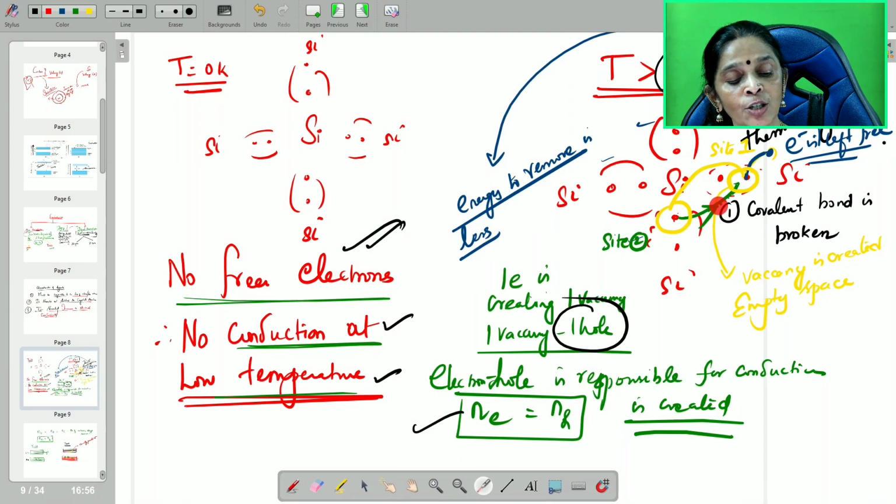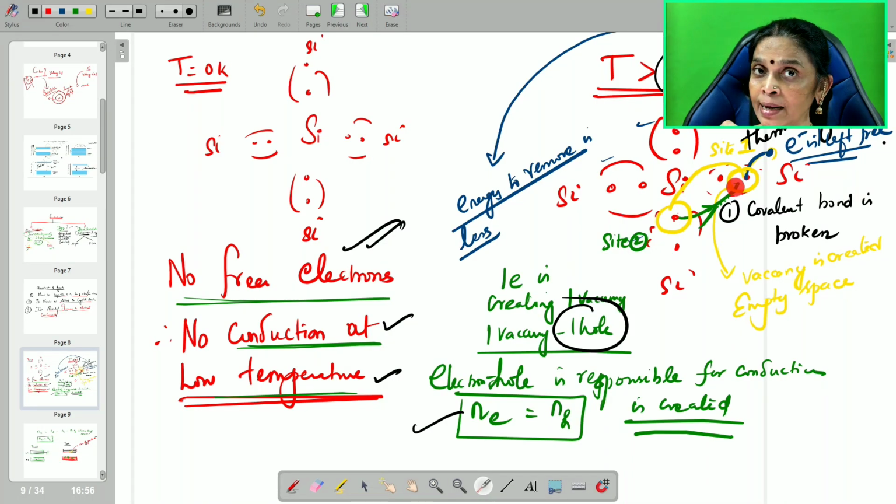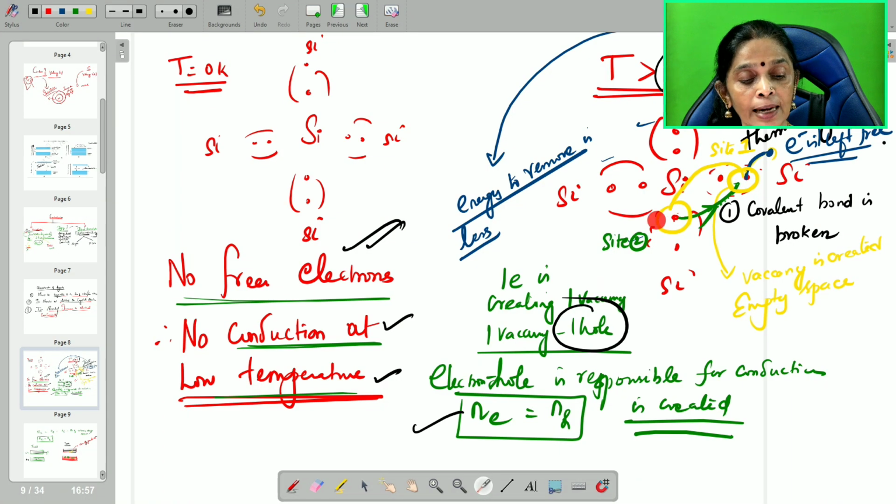Hence the green color line shows the attraction of an electron from the neighboring covalent bond. So this electron goes. Apparently there is a vacancy created. Earlier, where was the vacancy? In site 1. Now where is the vacancy? In site 2. So apparently the vacancy moves opposite to the direction of the electron.